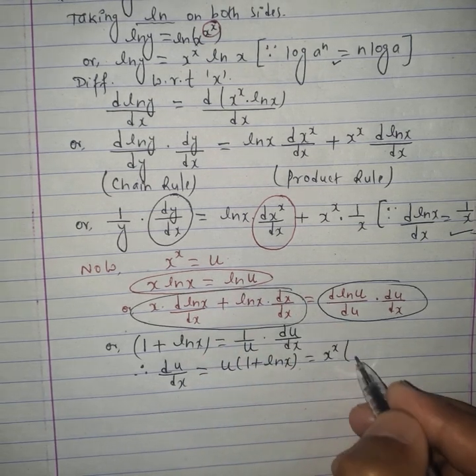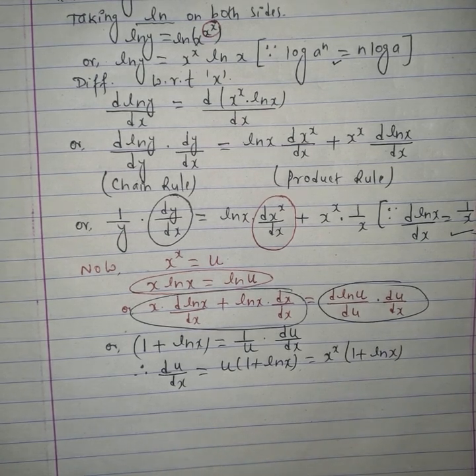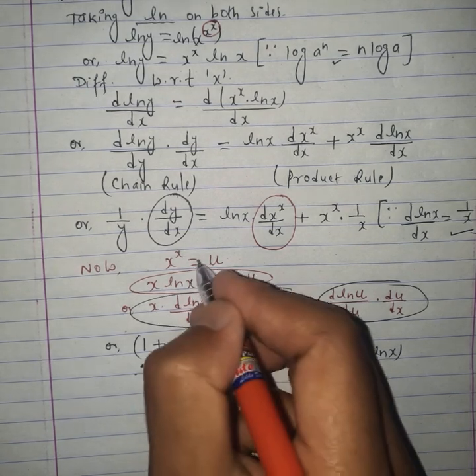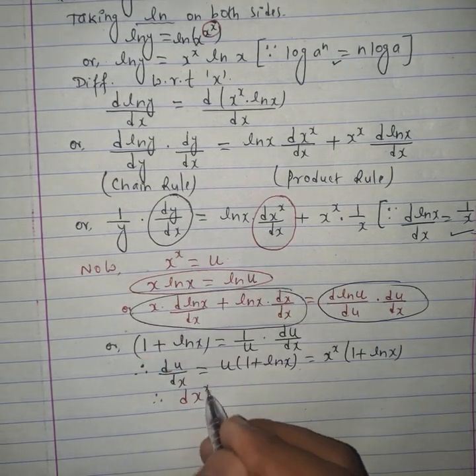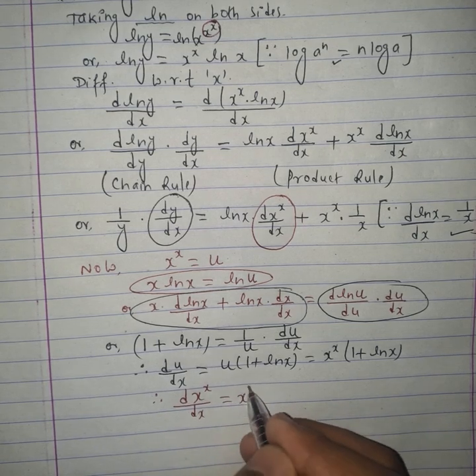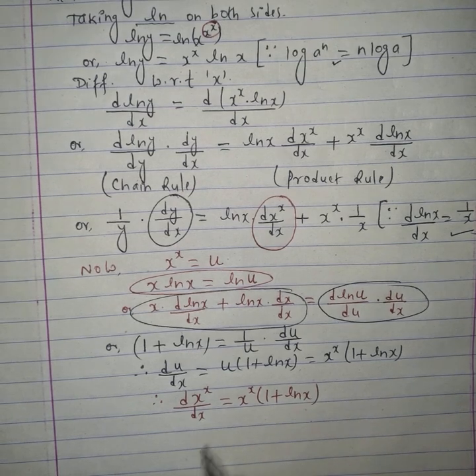Therefore, we calculated the derivative of x to the power of x with respect to x as x to the power of x times 1 plus ln of x.